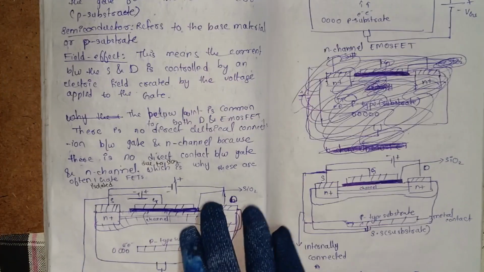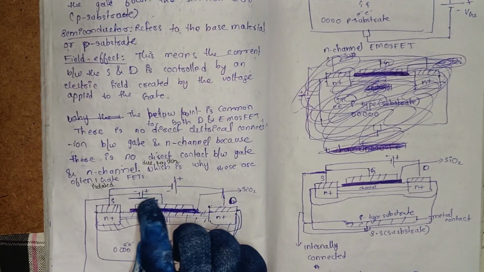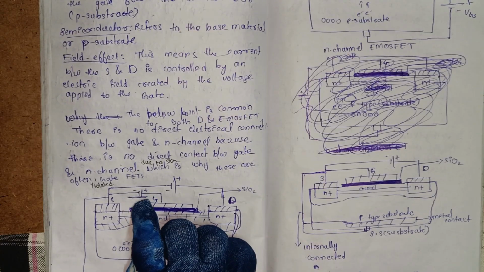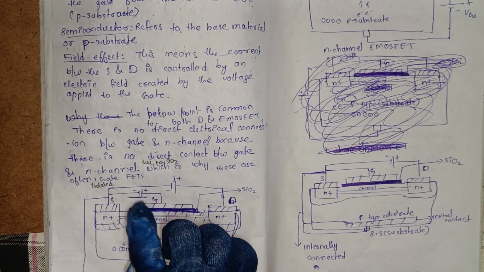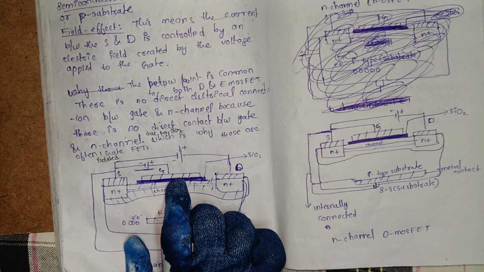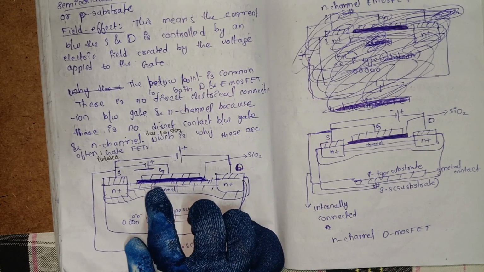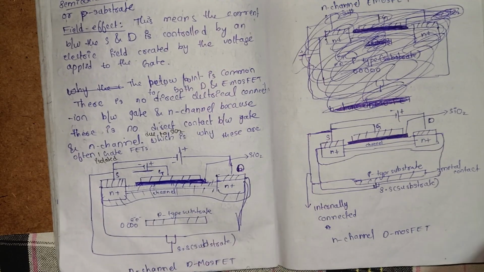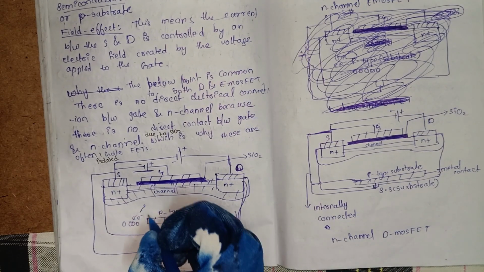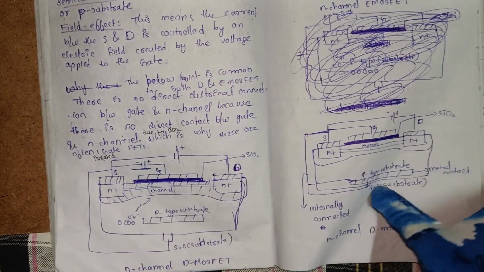The meaning of this statement is, as we can observe in the diagram, that if we apply a positive voltage, it acts like a magnet to the electrons, which attracts the p substrate electrons and they move towards the channel.